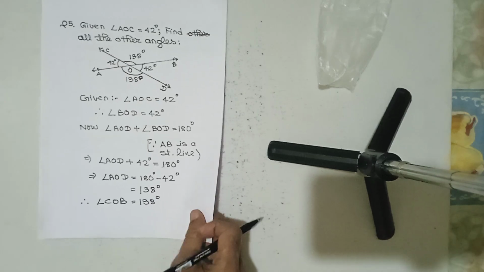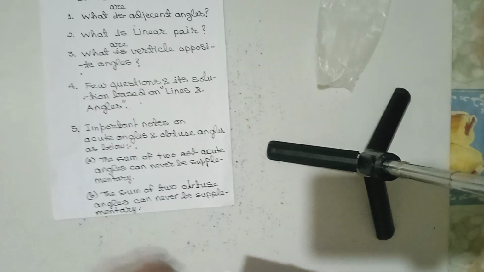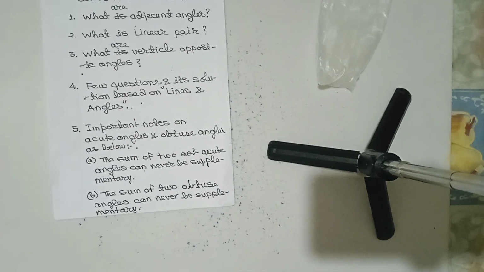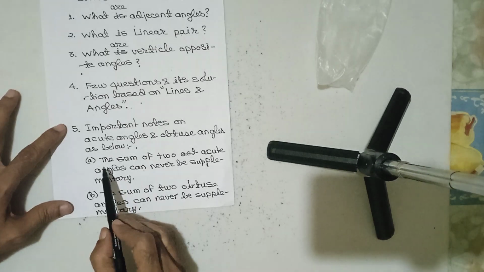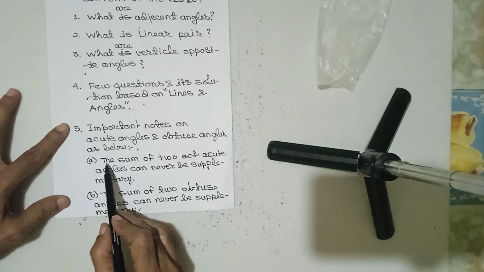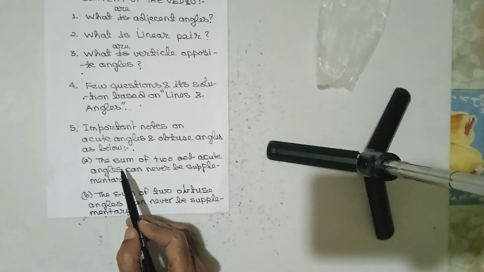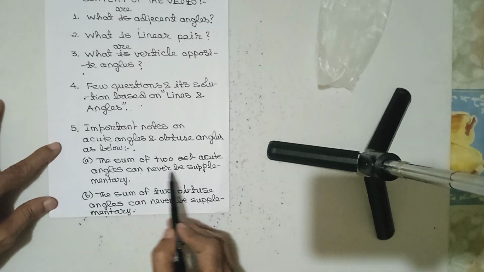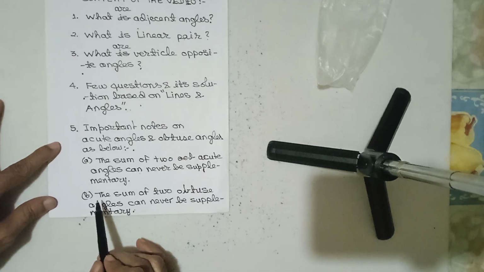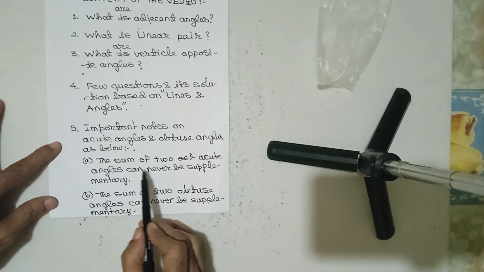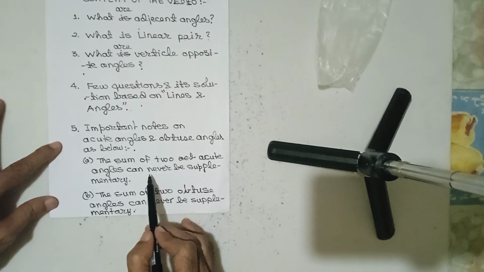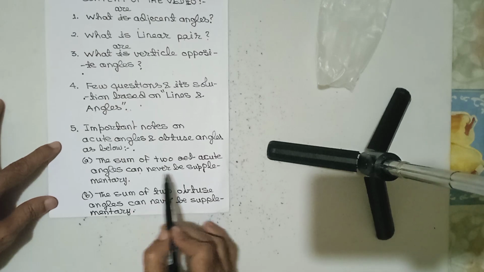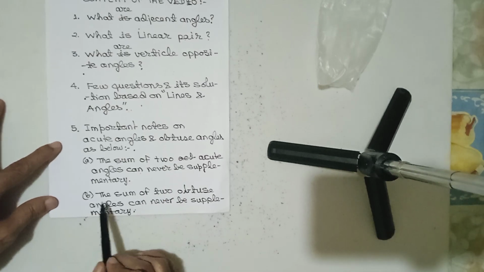Now I am leaving a question for you. You yourself practically find that the sum of two acute angles can never be supplementary. Take any two acute angles and see whether they are supplementary or not.